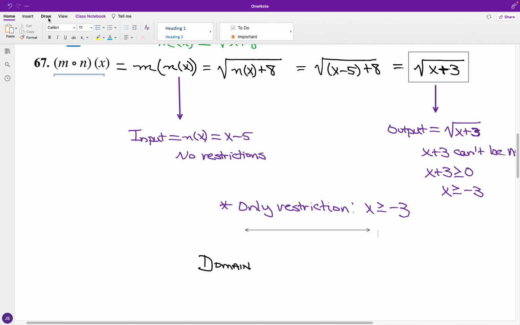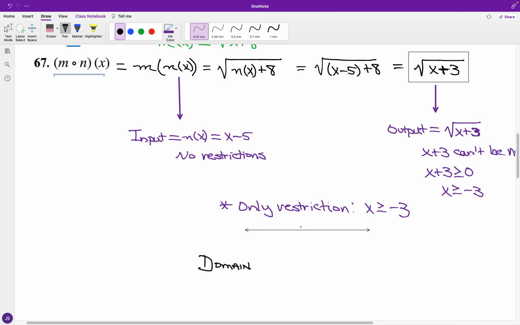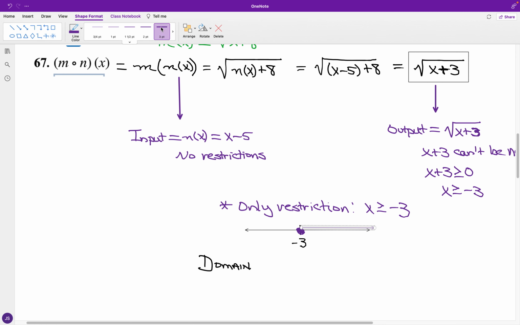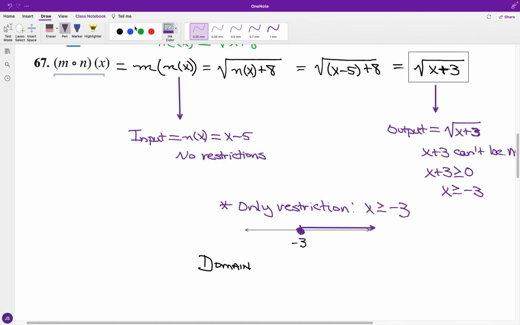Once again, the graphing is optional, but just to provide a visual layout, negative 3 is the lower limit, and it is included. All the other values will be greater than. So in the illustration, we're going to have an array that's going to proceed to the right. And so we have for the domain, we're going from and including negative 3, and going continuously all the way out to infinity.